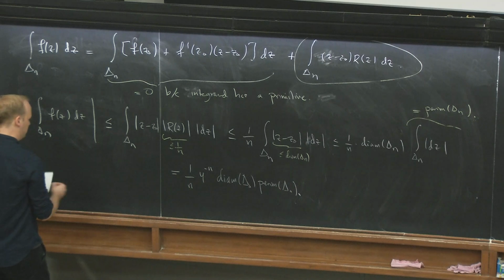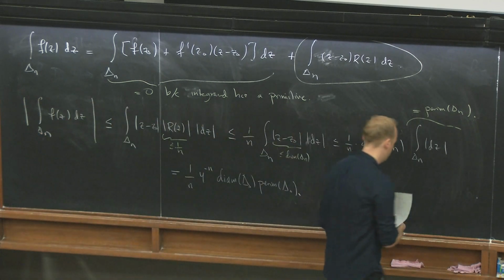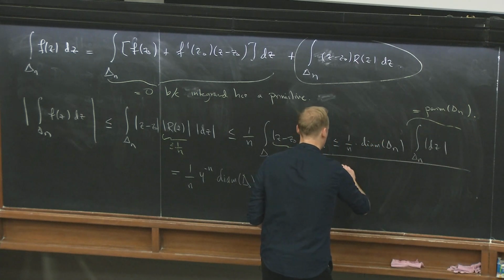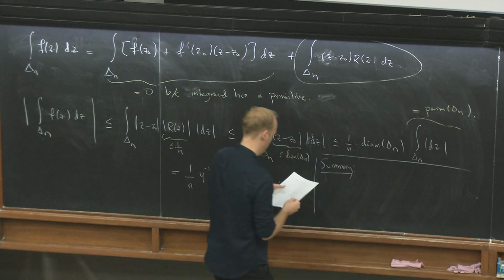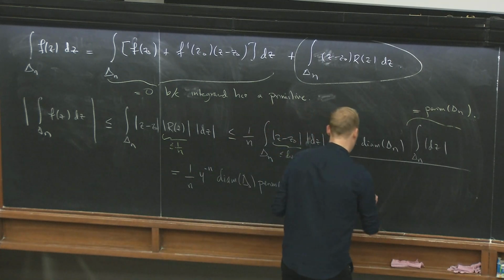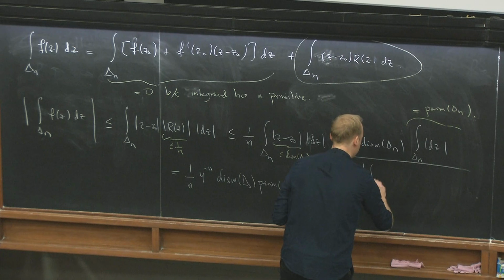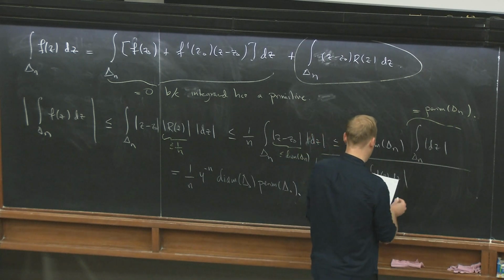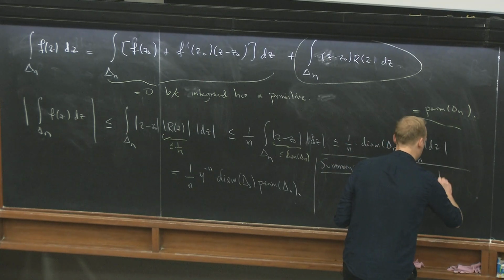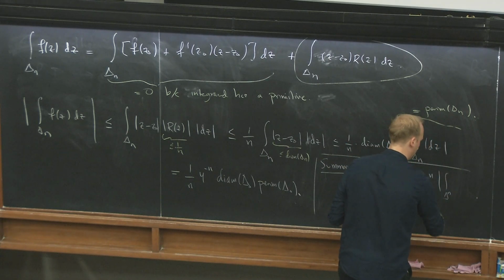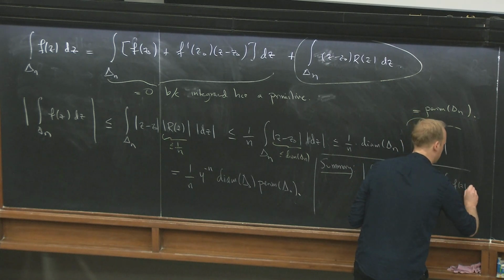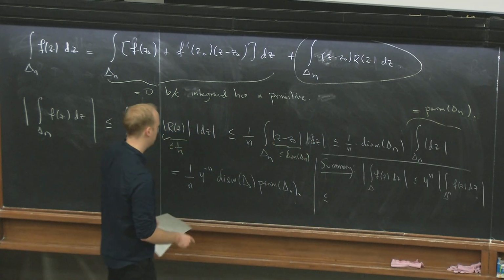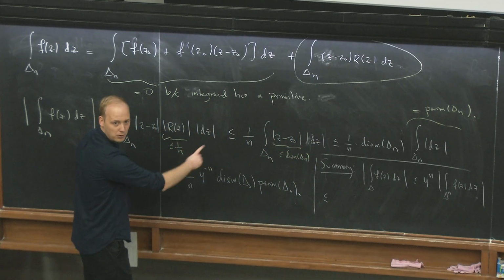So summarizing, to now add up what we have, the absolute value of the original triangle integral is less than or equal to 4 to the n times the integral over delta n of f of z dz, which is then less than or equal to 4 to the n times all of this.